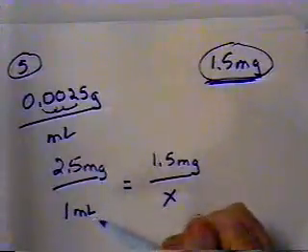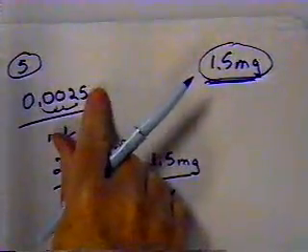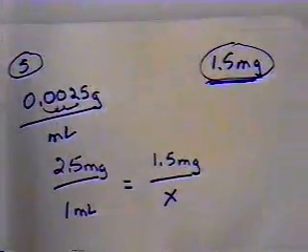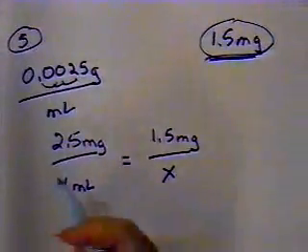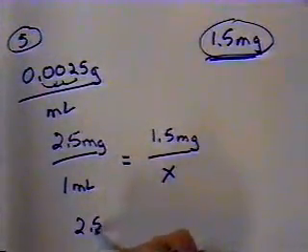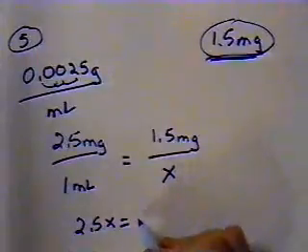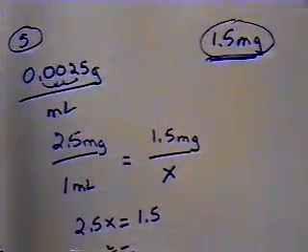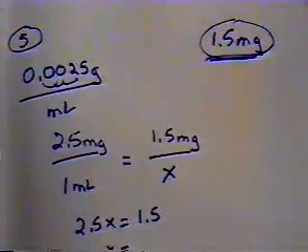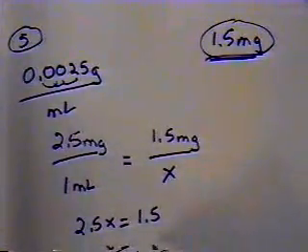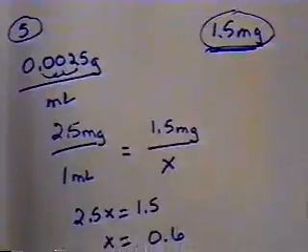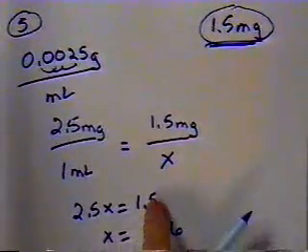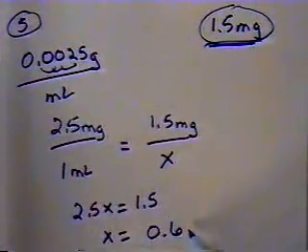It's why I keep those labels. If you don't keep those labels, you're just going to stick any number there. The labels have to match. 2.5x is equal to 1.5. That's 0.6, and x is milliliters.